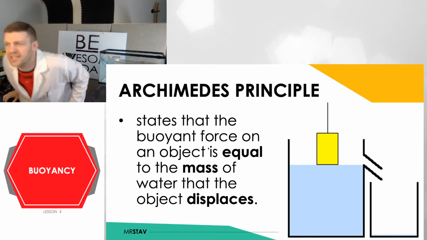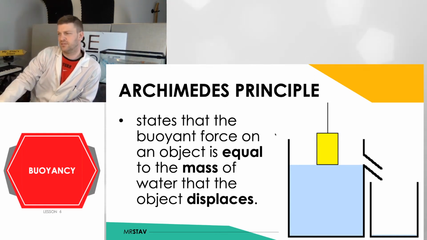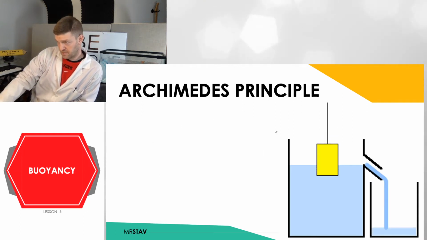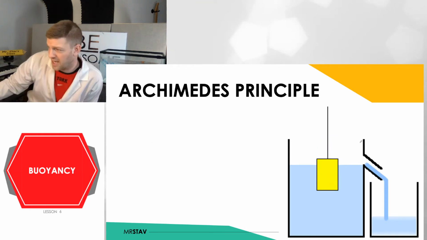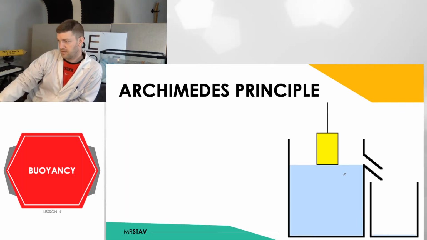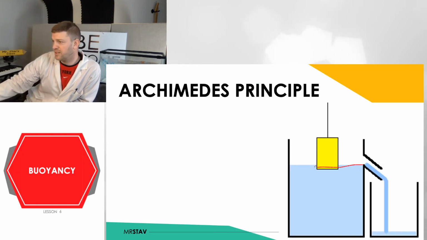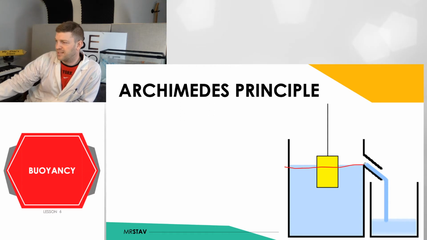Archimedes states that the buoyant force on an object is equal to the mass. So, see if I can get this going again. Watch this yellow thing. As this yellow weight goes in, things I want you to notice. The water level here is right at this lip.